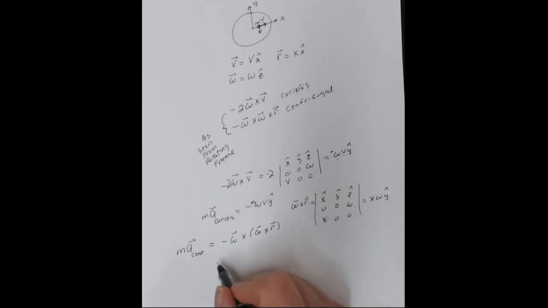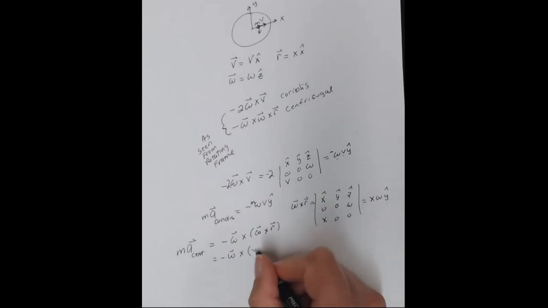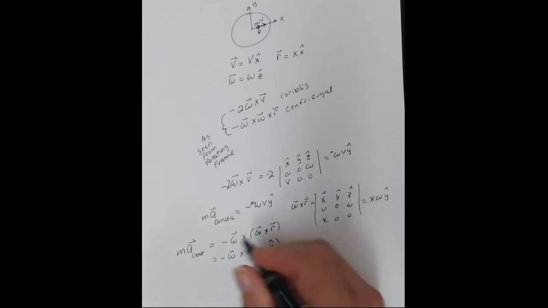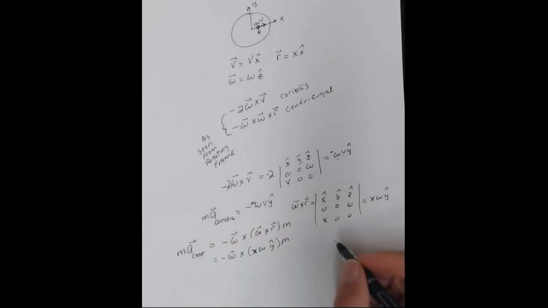So then we have negative omega crossed with x omega y hat, and I forgot the mass here if I'm going to make this a force. So then I do this cross product. Omega is in the z direction again, 0, 0, and in the y direction we get x omega.